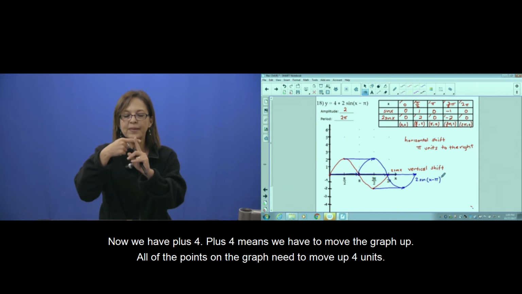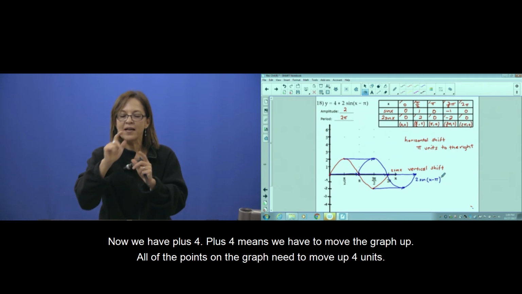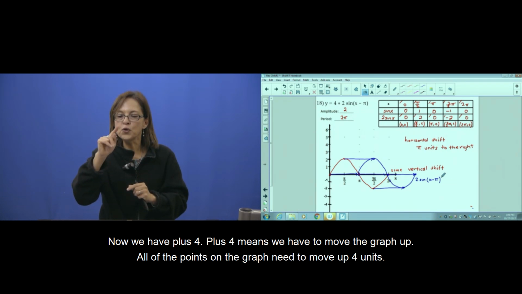Now we have a plus 4. Plus 4 means we have to move up the graph. All the graph has to move up 4 units.